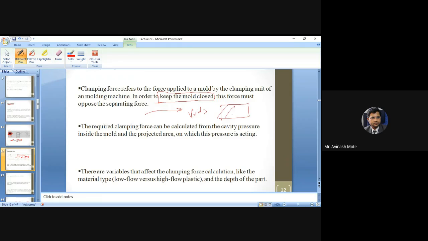I told you this kind of component will be there, so in between, this kind of voids may be possible because of trapped gases. To avoid this, we keep the mold very tightly closed, and to keep it closed tightly, we need a clamping force.